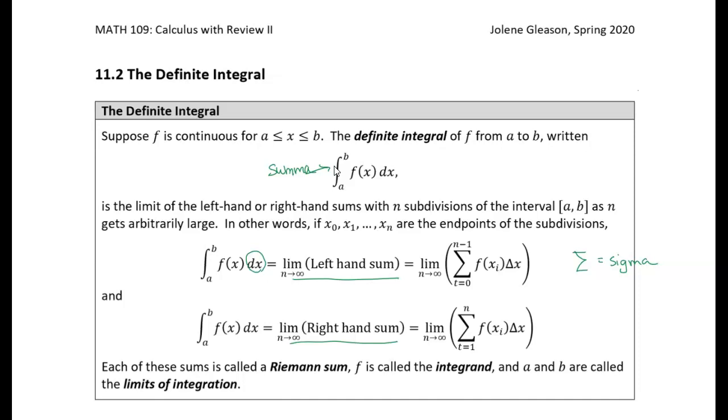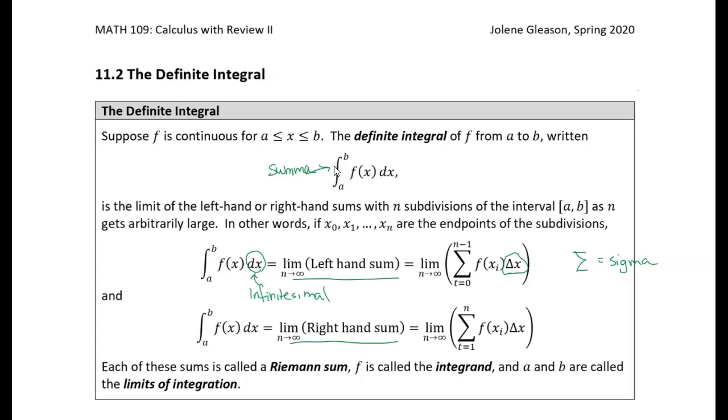So it's basically the sum from a to b of the function times this infinitesimal width.